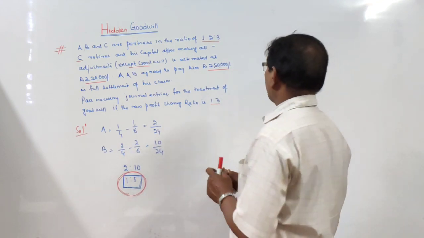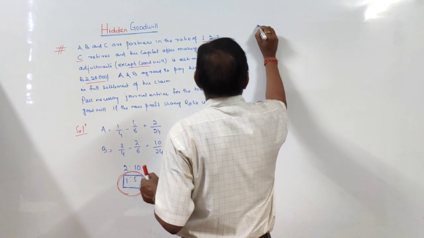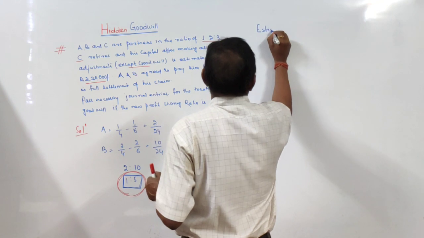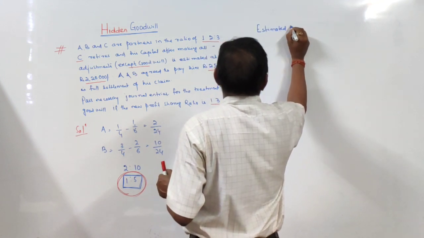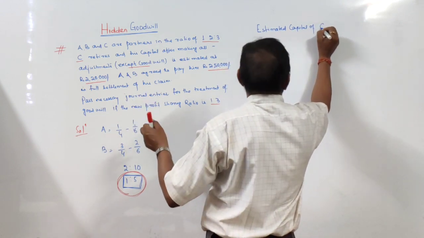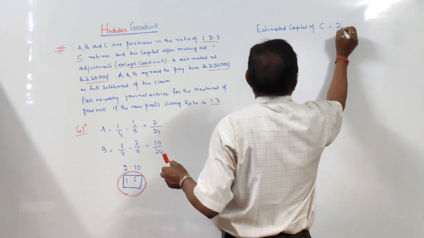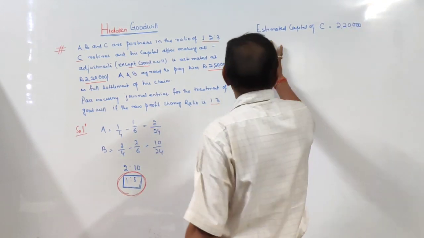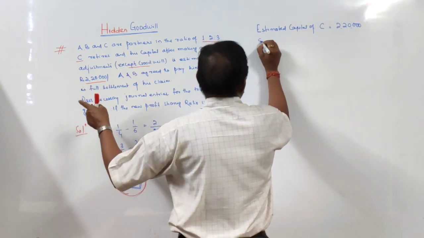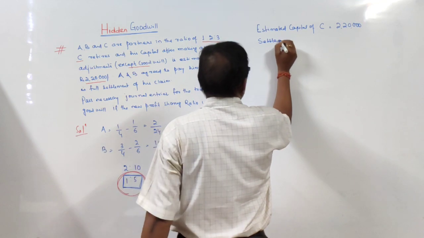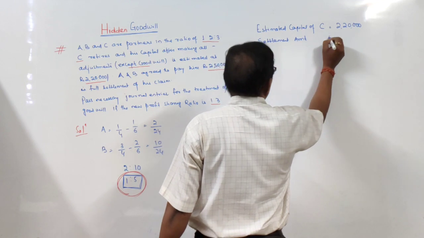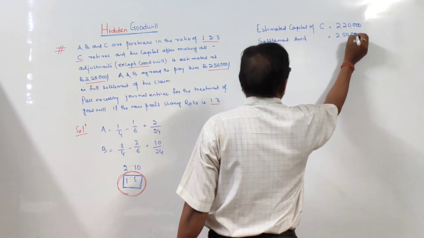Now let us see how to calculate it. The estimated capital of C is equal to 2,20,000, but the settlement amount, or amount agreed to be paid, is 2,50,000, right?